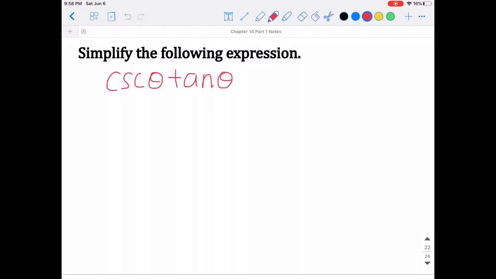So now we have cosecant theta times tangent of theta. And we're simplifying. I like to put everything in terms of sine and cosine. So cosecant of theta becomes 1 over sine of theta, times tangent of theta becomes sine of theta over cosine of theta.